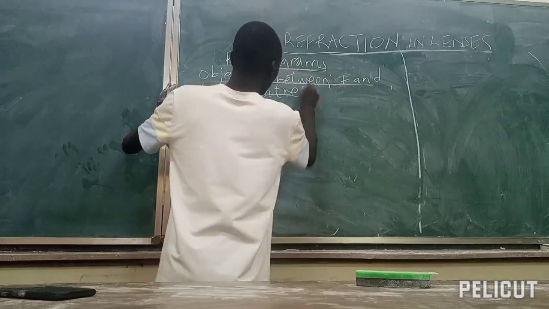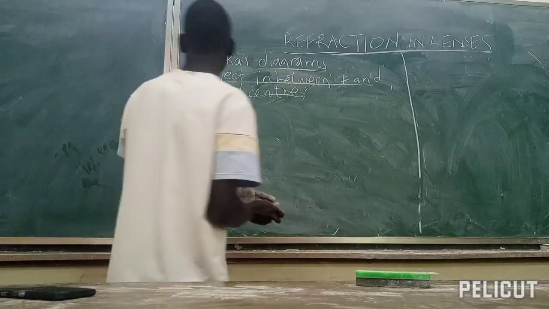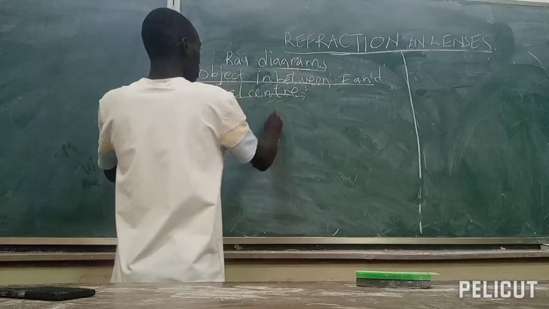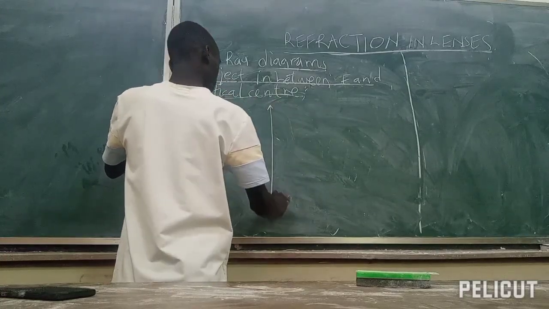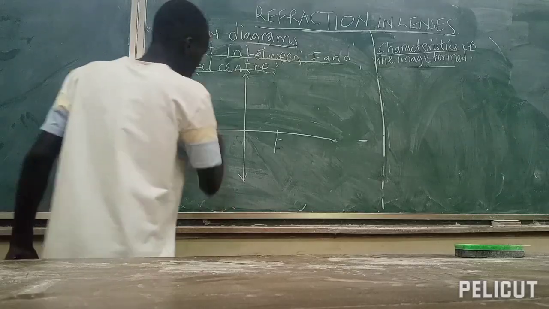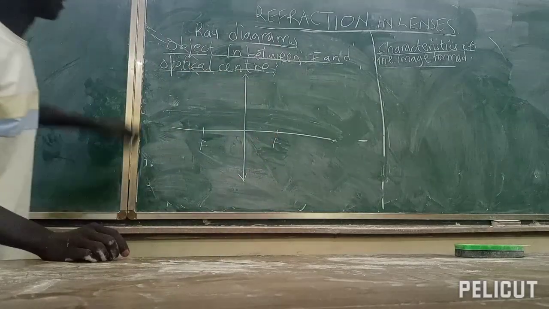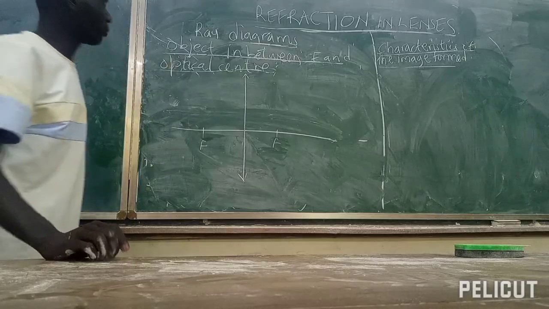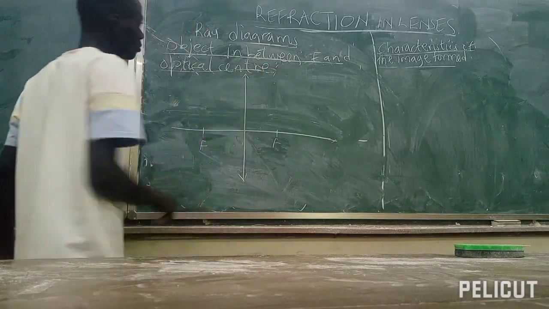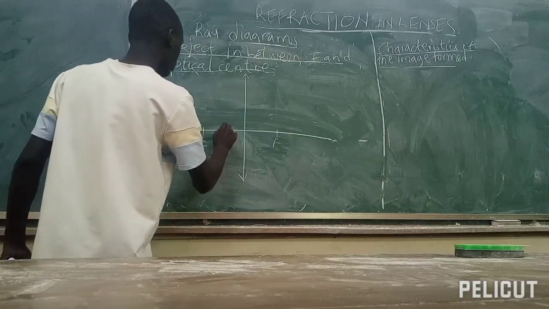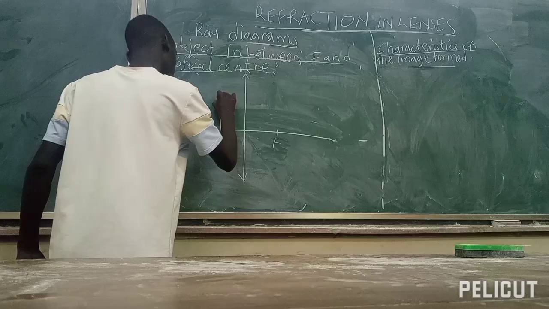This is the last ray diagram combining the lens. We apply the same principles. We say when the object is in between F and the optical center, that will be this point here.